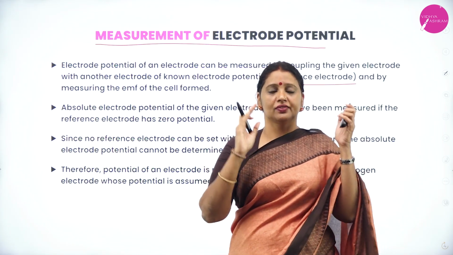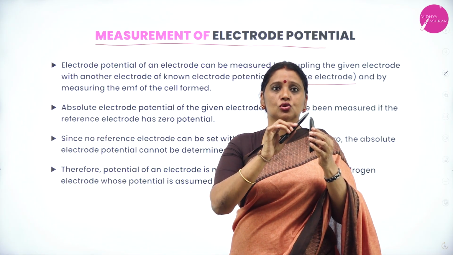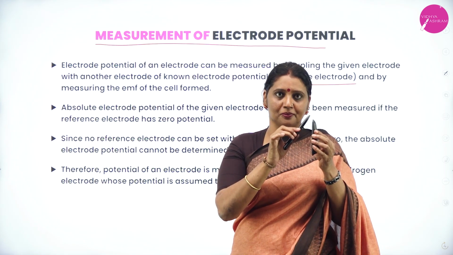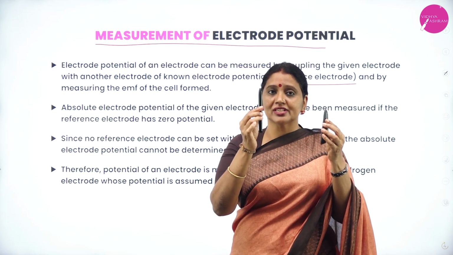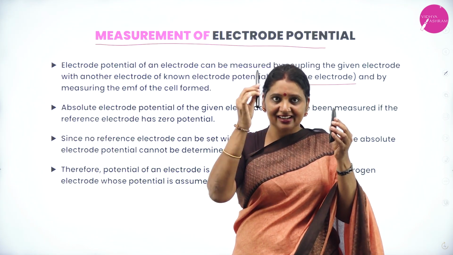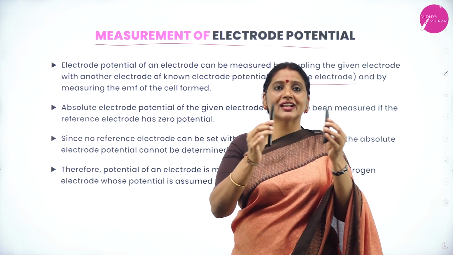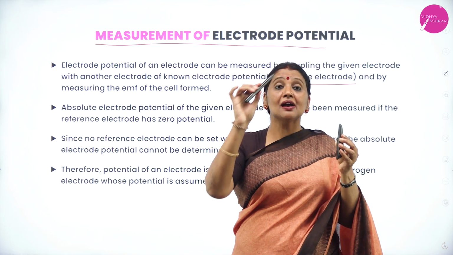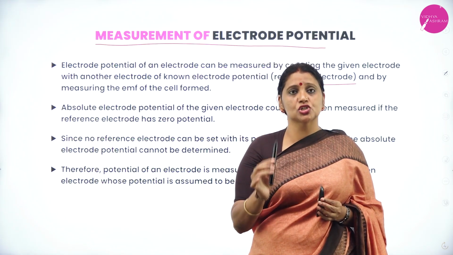Reference electrode. For example, these are the two electrodes. This is an electrode. We have to calculate its electrode potential. We don't know the electrode potential of this electrode. This electrode is connected to reference electrode. If I consider this as a reference electrode, its electrode potential is known to us. These two are connected to each other, and EMF of the cell is calculated or measured by using potentiometer.